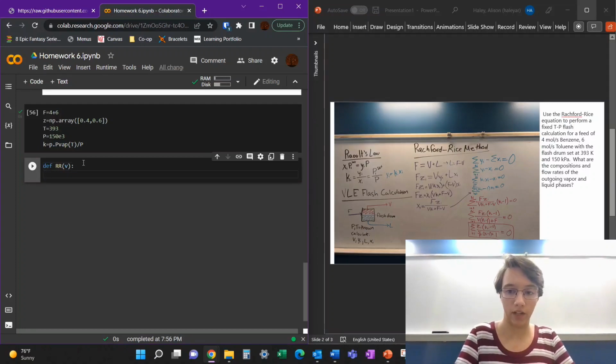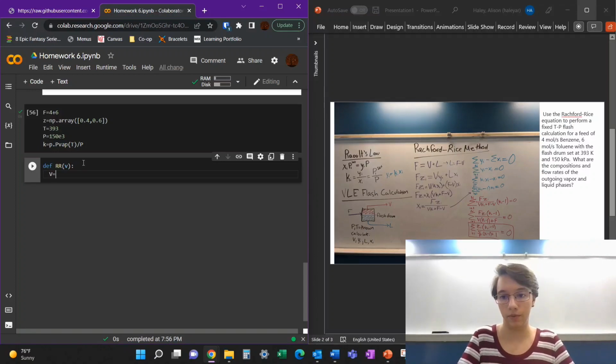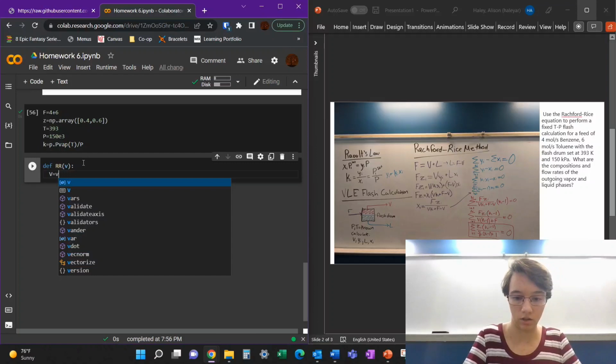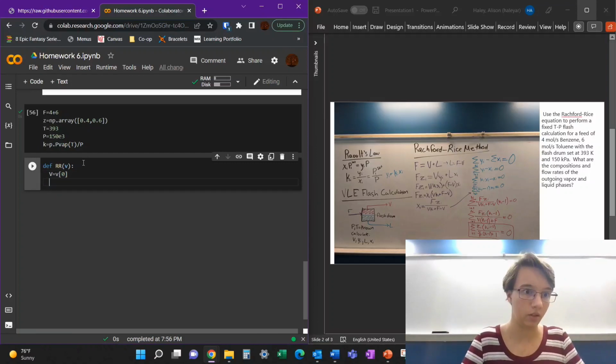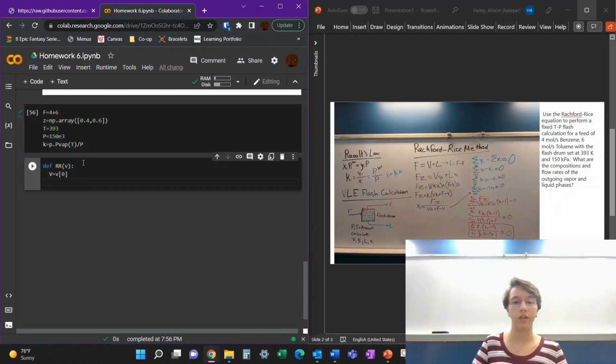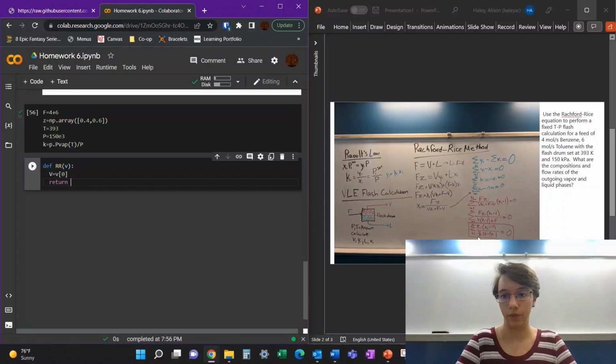And then we can unpack this vector into our flow rate in the vapor phase, because that is what it's going to be solving for. So that is going to be a guess in our vector. Then we're going to want to return our equation.